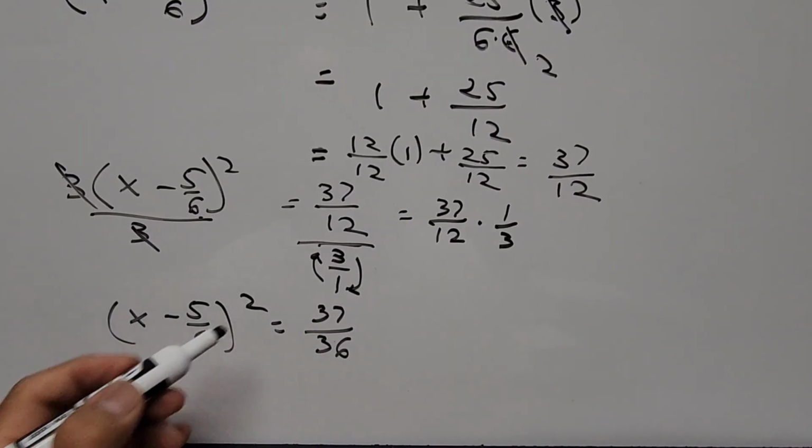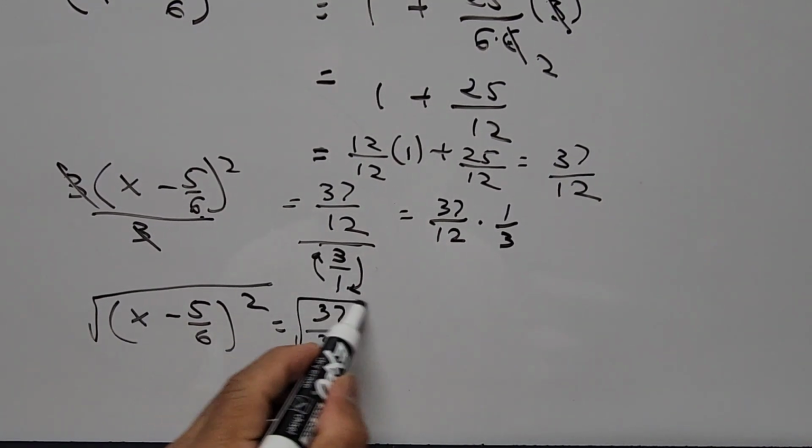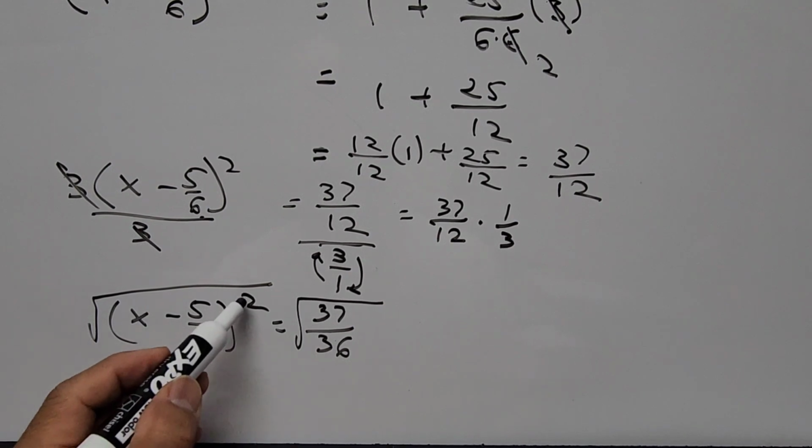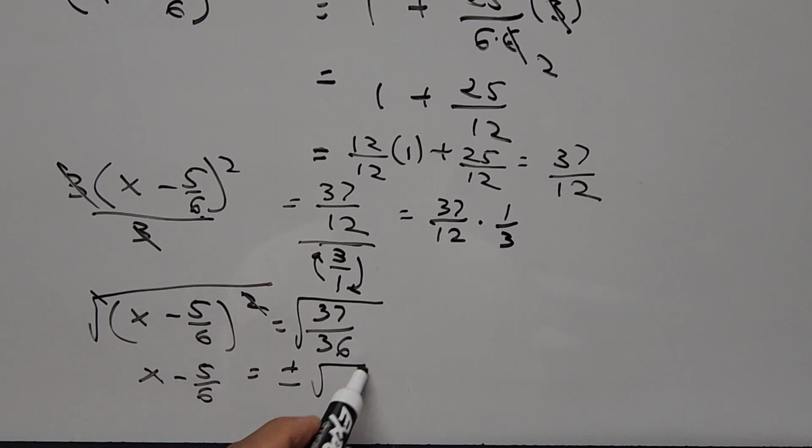To get rid of the square right there, we have to take the square root of both sides of the equation. So we end up canceling the square and the radical sign. So we have x minus 5/6 equals plus or minus the square root of 37 divided by 36.